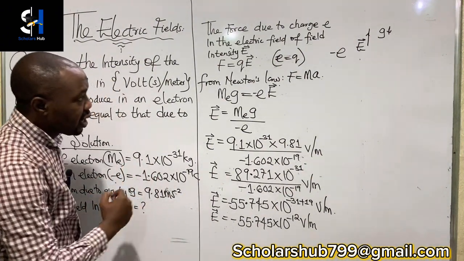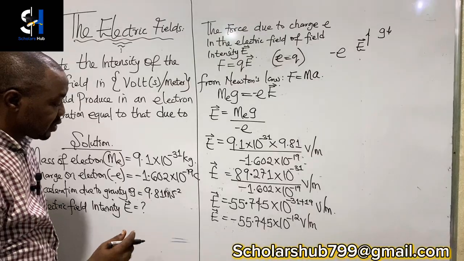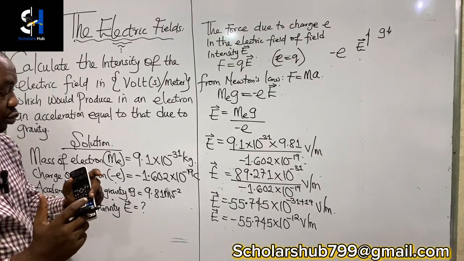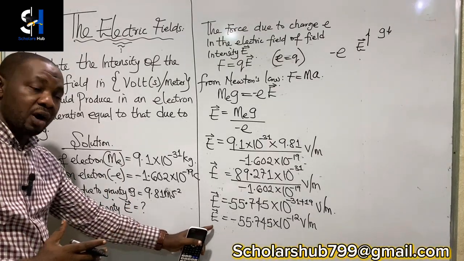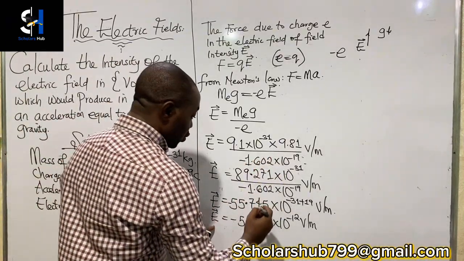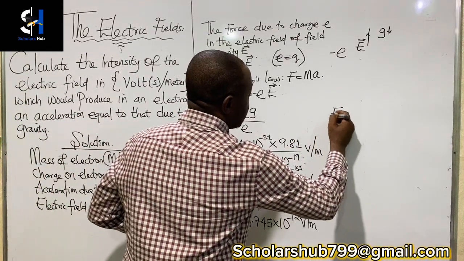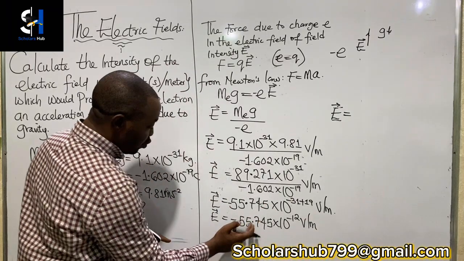Now we can neglect the negative sign since we are looking for the positive value of our electric field intensity. So let's move the decimal point.